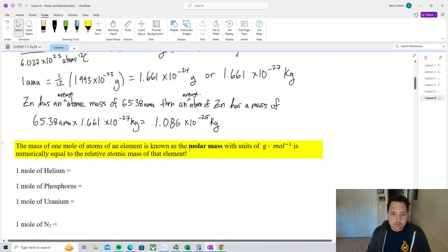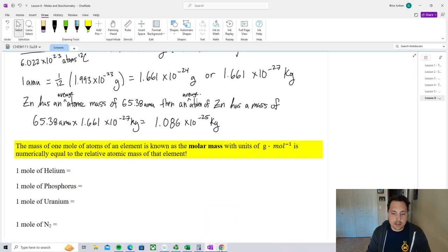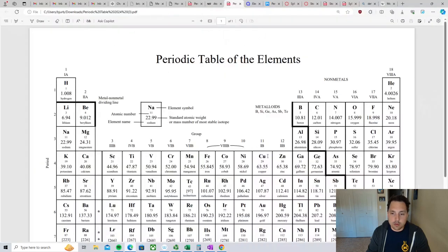And conveniently, this is the same number as the relative atomic mass of that element. So when we look at the periodic table and we look at zinc, 65.38 AMUs, that is also the amount of grams there are in 1 mole of a zinc sample.